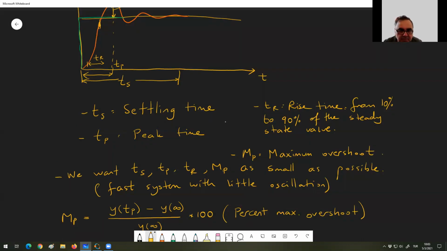Settling time is usually selected as, let's say, 1 or 2%. Peak time is, as you know, the peak value. Rise time, I have defined it, and so on. This is valid for all kinds of systems.